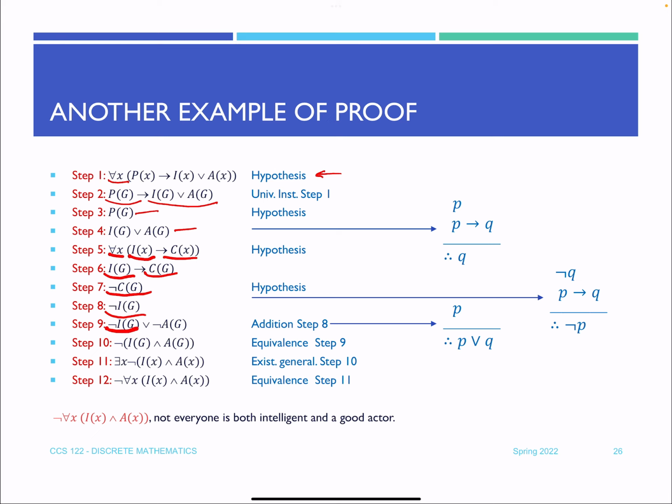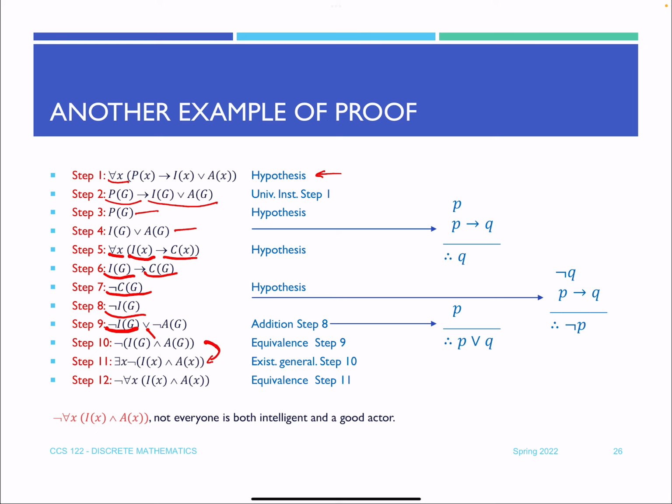So, either he's not intelligent or he is not a good actor. Apply De Morgan's law to this, you get, this or sign flips to an and, and you get not intelligent and a good actor.